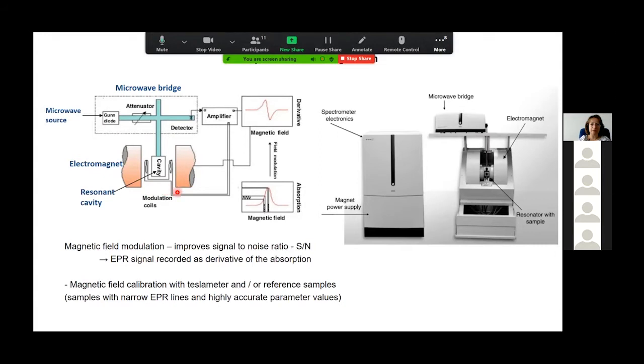The signal reflected by the sample in the cavity is measured as an EPR signal, which is amplified. Usually the signal is very weak, and there are some electronic tricks to enhance the signal. One of them is to modulate the magnetic field and to record the absorption spectrum as a first derivative.